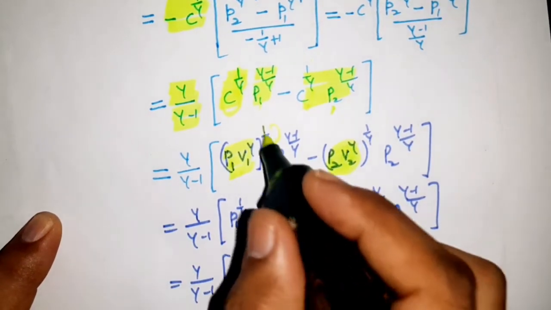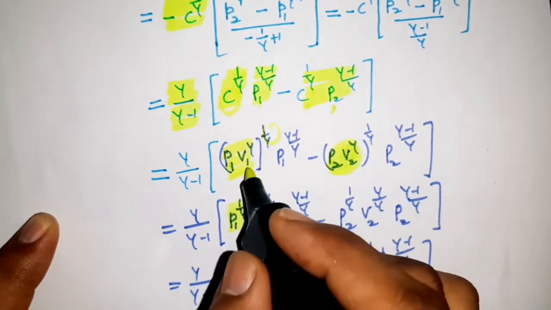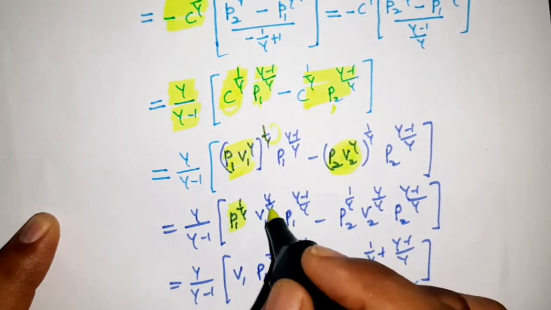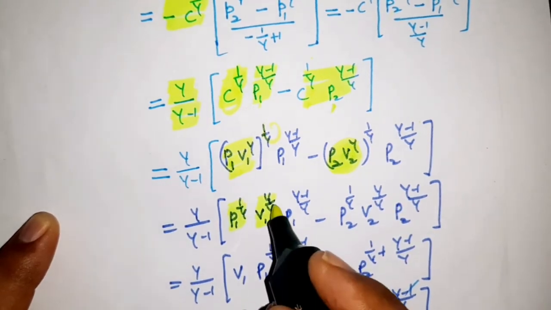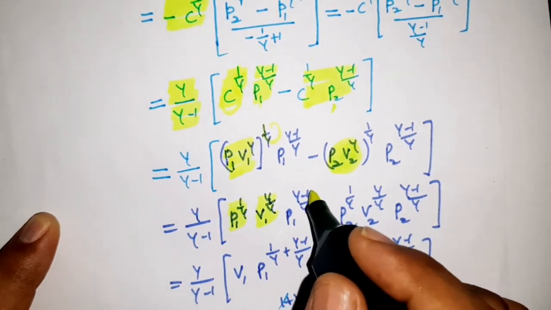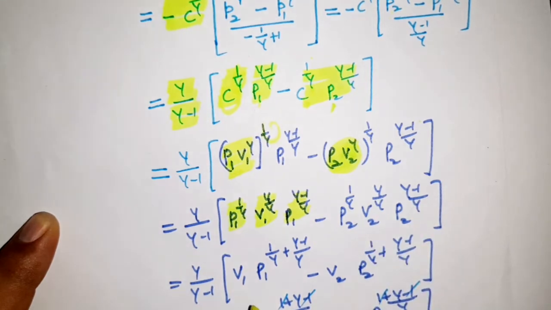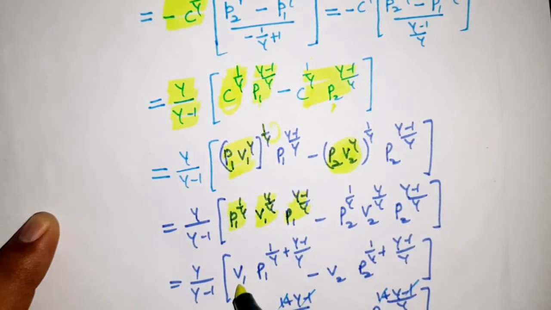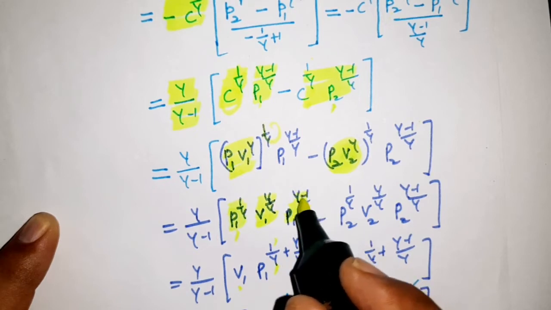So now we can say P1 to the power 1 upon gamma, this one, opening this bracket, and V1 to the power gamma upon gamma, this one. So gamma upon gamma will be converted into V to the power 1, and P1 to the power gamma minus 1 upon gamma. Similarly this second term. So here we can say this is equal to V1 to the power 1 and P1 to the power 1 upon gamma plus P1 to the power gamma minus 1 upon gamma.